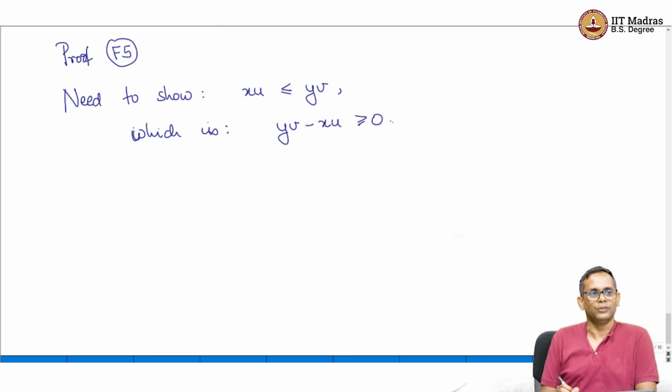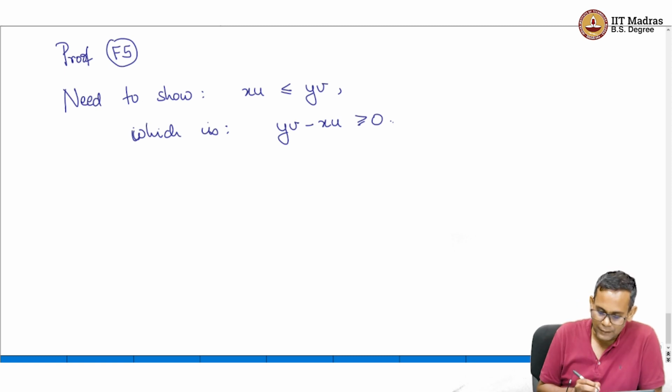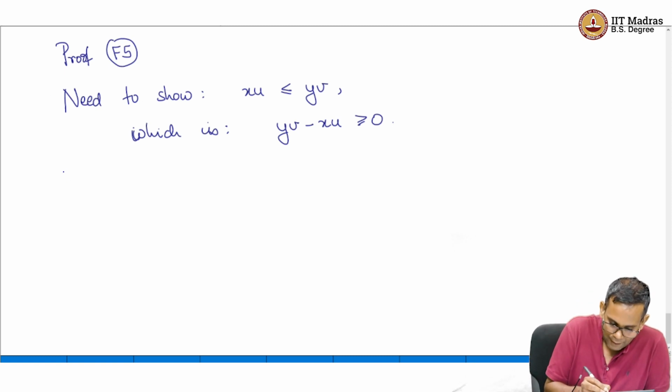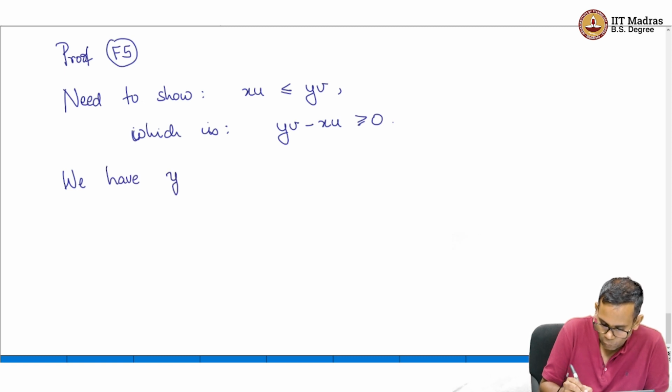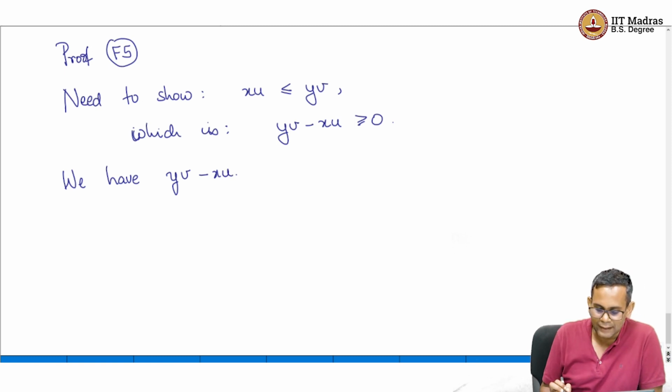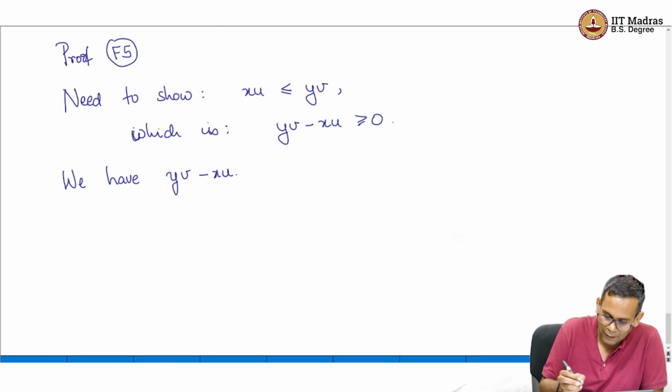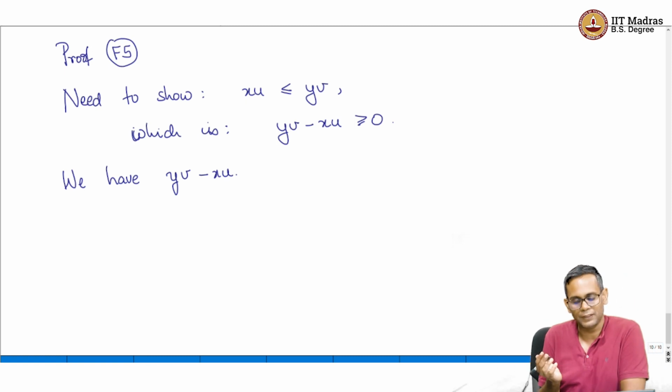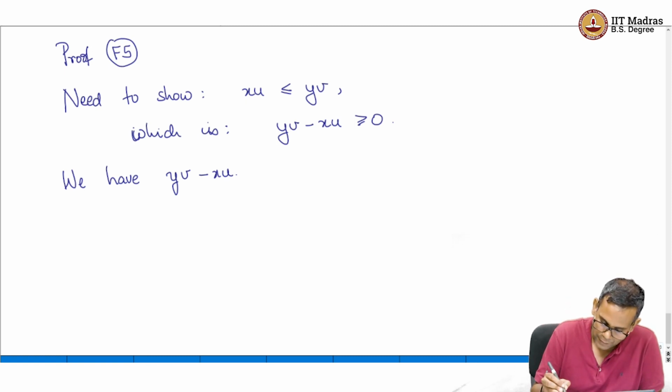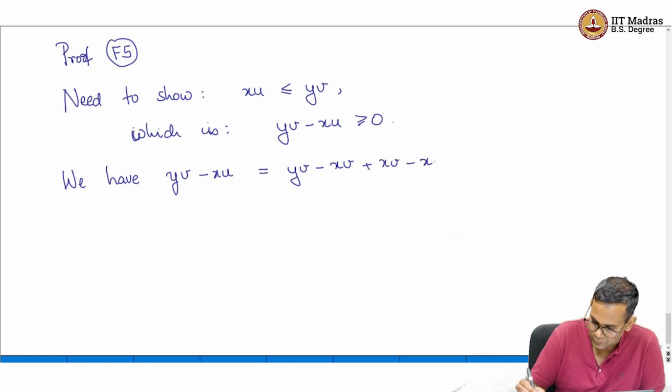So, this is what I need to show. I want to show that yv minus xu is greater than or equal to 0. I will somehow break it up into a product and sum of things that are greater than or equal to 0. So, I can write this as yv minus xv and then plus xv minus xu.